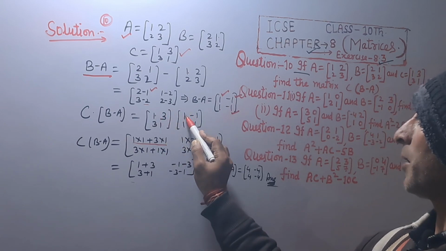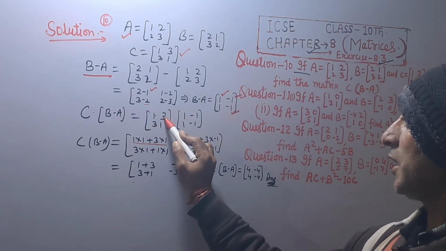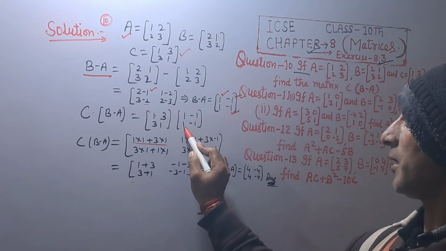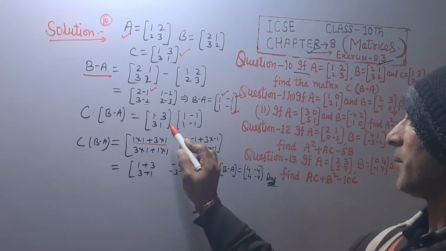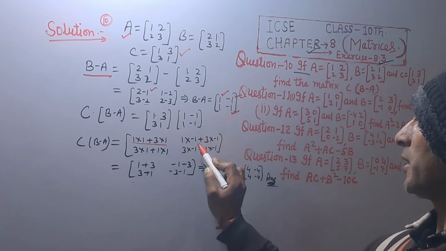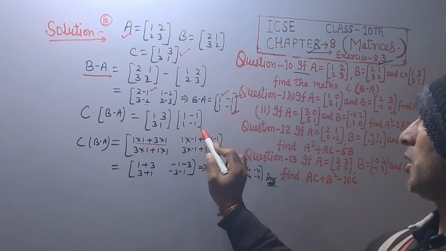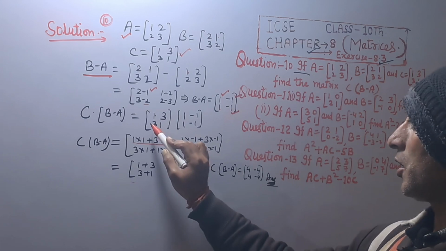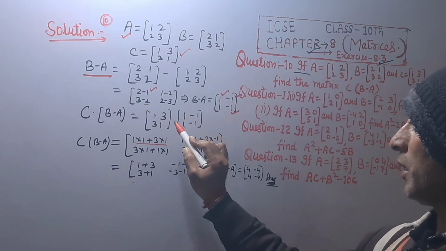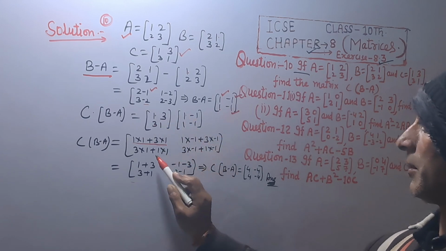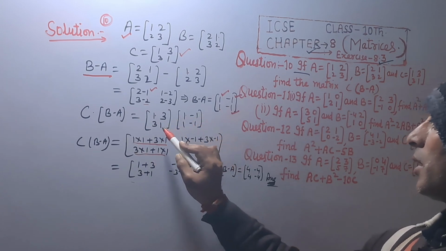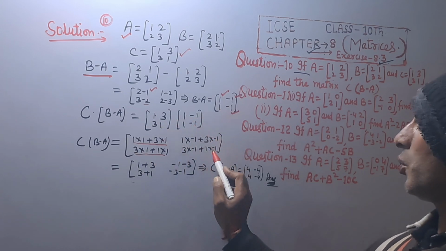First multiplied by first plus second element, that is 3 multiplied by column's second element, that is 1. Same, 1 into minus 1 plus 3 into minus 1. And second row, that is 3 into 1 plus 1 into 1, and 3 into minus 1 plus 1 into minus 1.